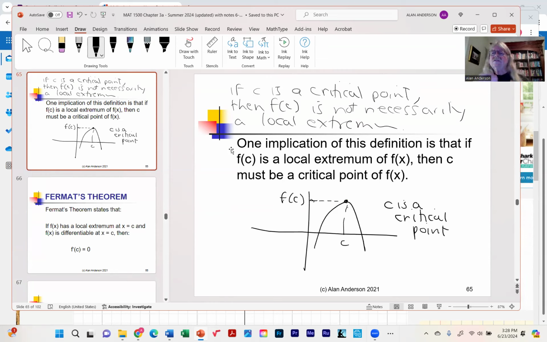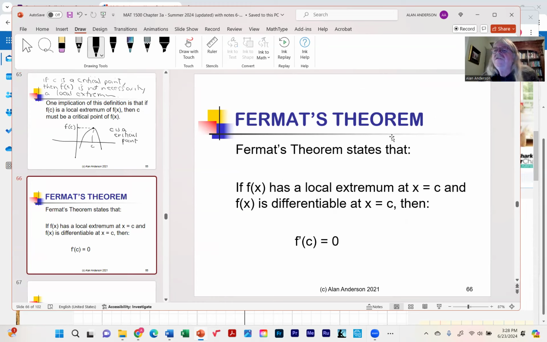This is building us up to a very important result in calculus called Fermat's theorem. Fermat was a very famous mathematician. There was an incident. Fermat had a very extensive library of math books, and when he was reading them, he had a tendency to take a pencil and write little notes to himself.